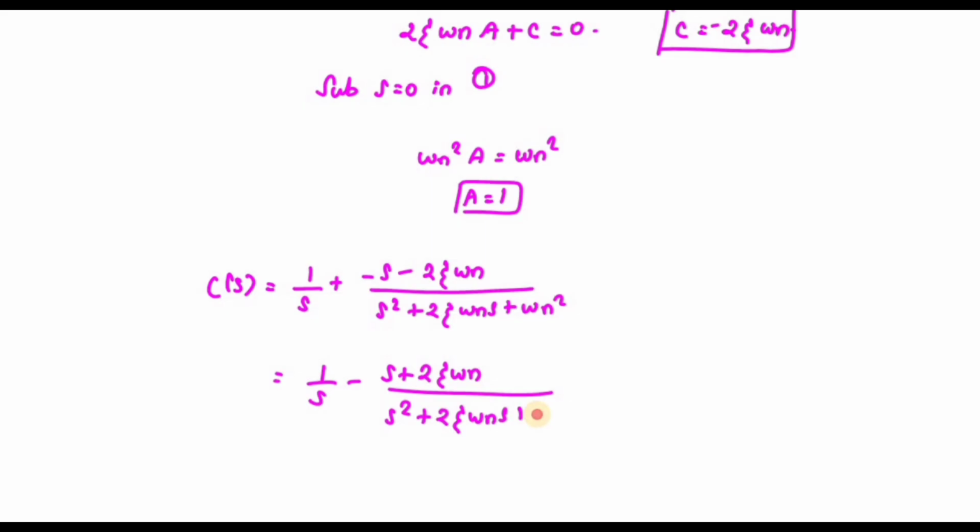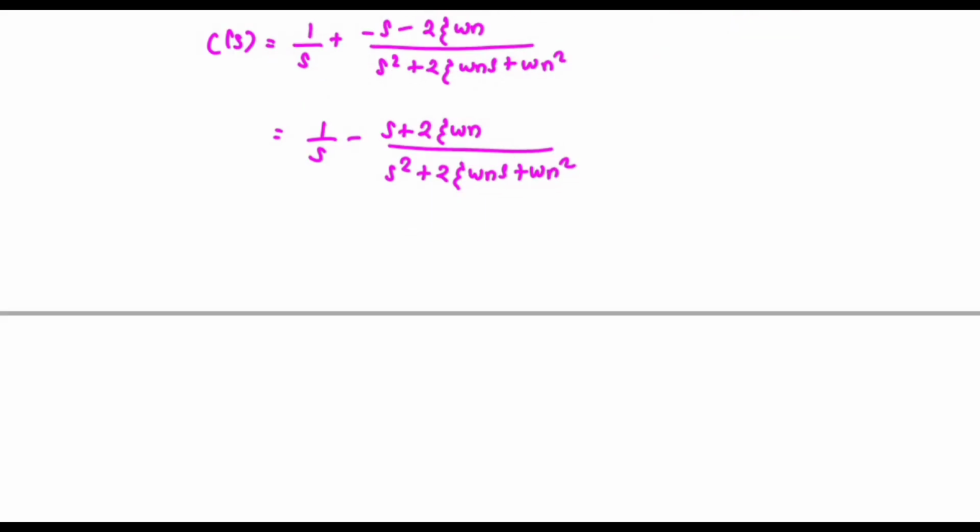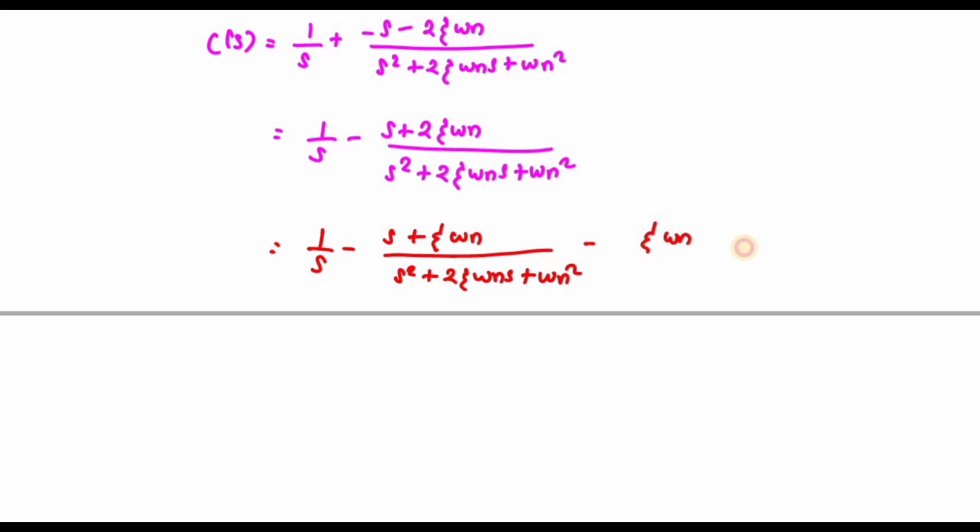Thus I can rewrite it like this: 1/s - (s + ζωn) / (denominator) - ζωn / (denominator).